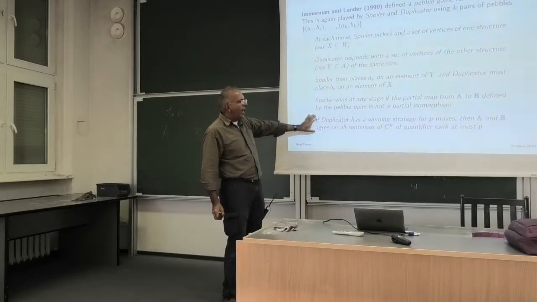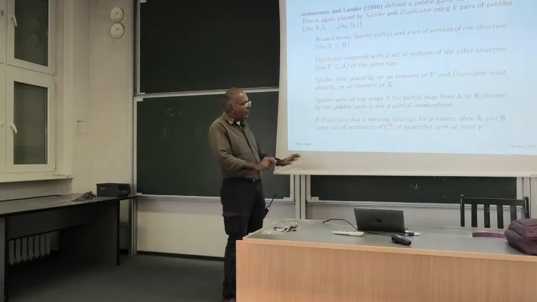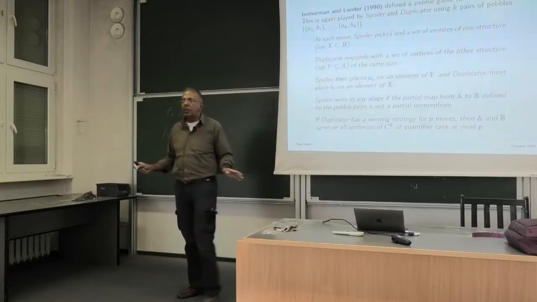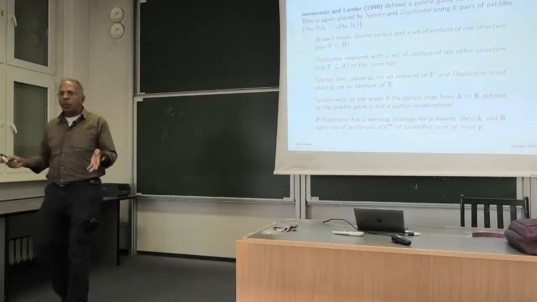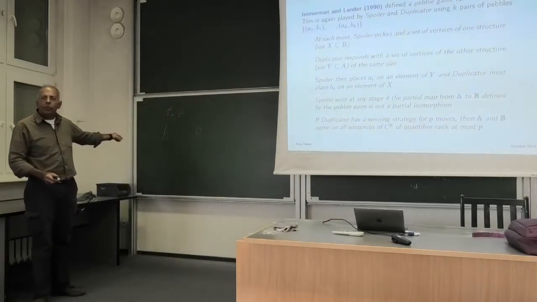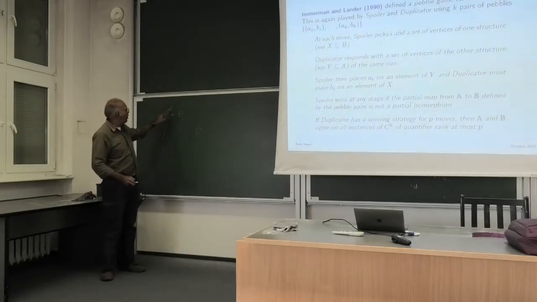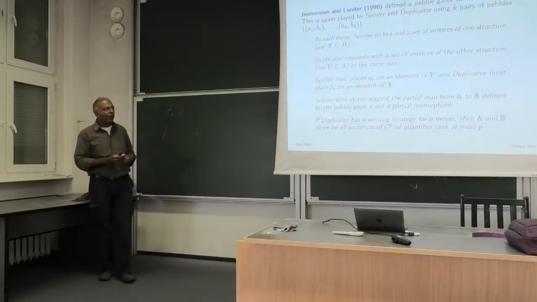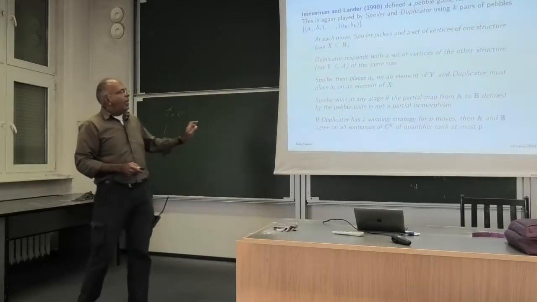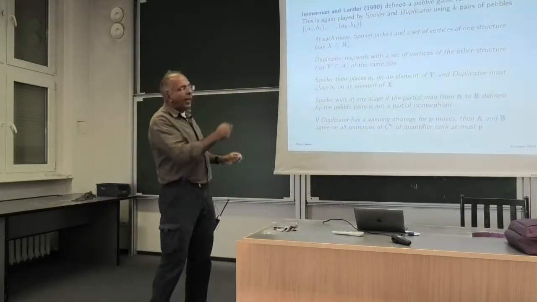And if Duplicator has a winning strategy to survive for P moves, then there's no formula of quantifier rank P that distinguishes them, because if there was such a formula, it would give a winning strategy for Spoiler. I did it with an existential; obviously with a negation, you would play in the other structure. So this was defined by Immerman and Lander.